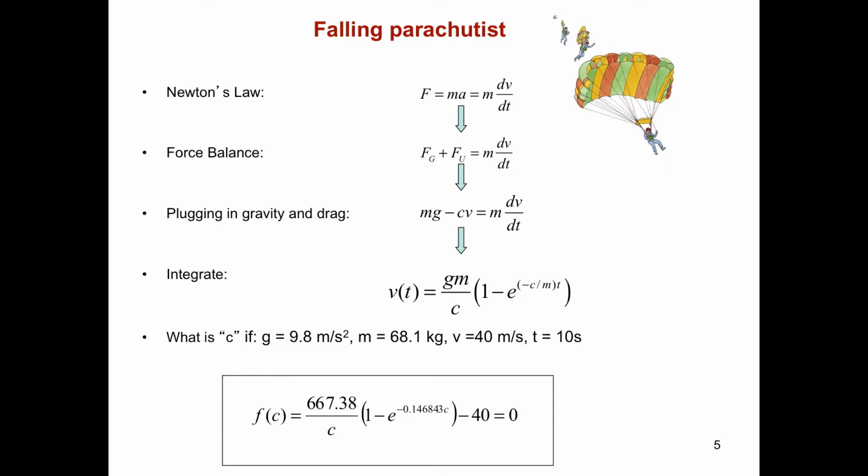Finally, there's another example of a falling parachutist. We know that Newton's law applies. Its integral version is that force is equal to mass times acceleration. Our force balance here is the drag force and the gravity force. By opening a parachute, I'm increasing the drag.